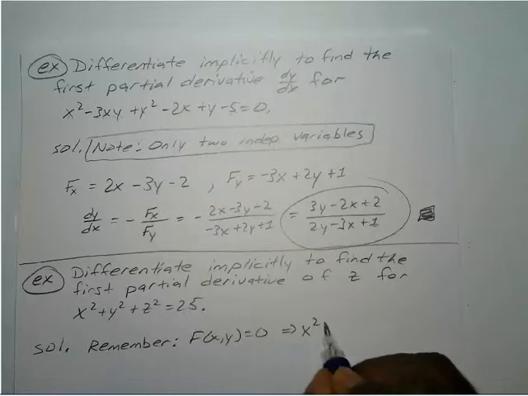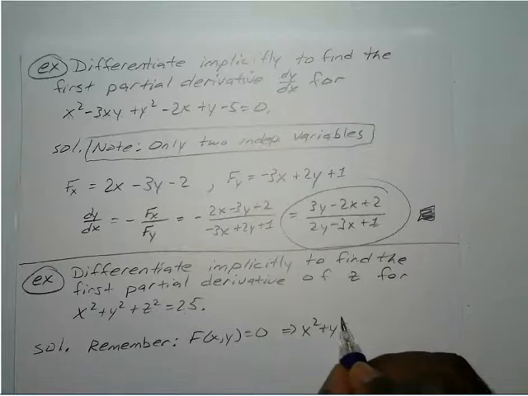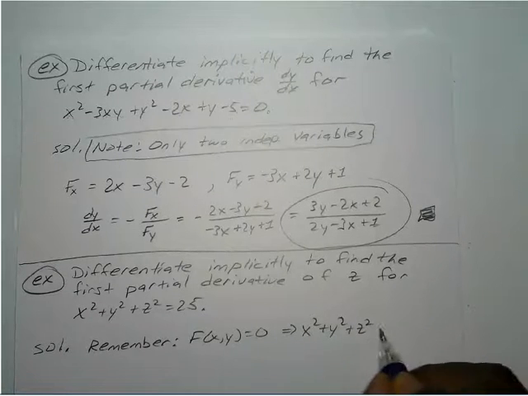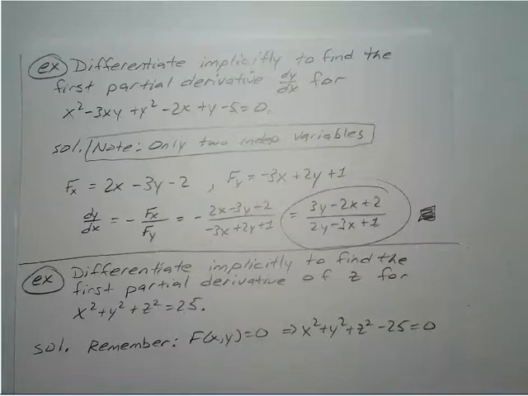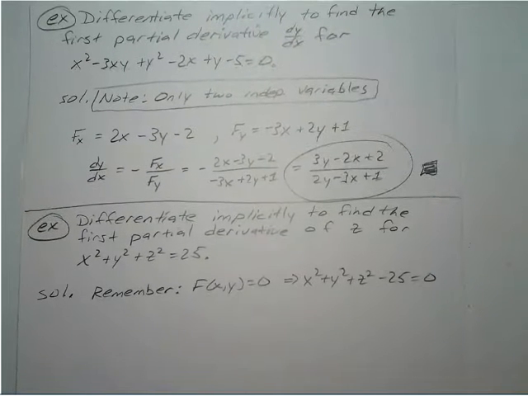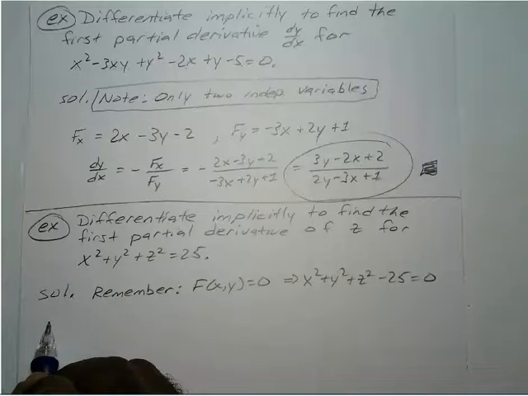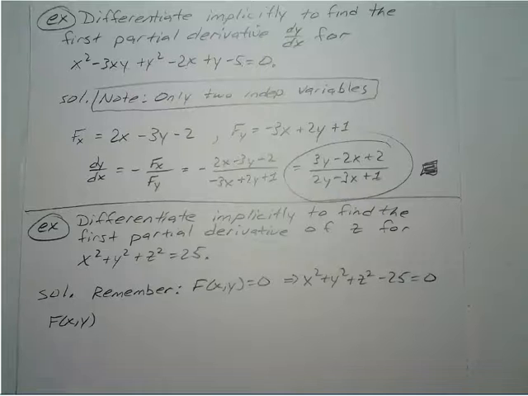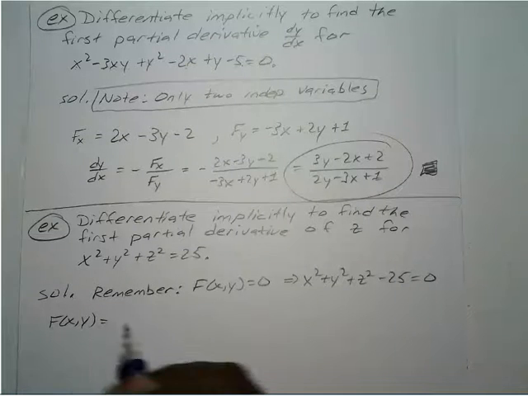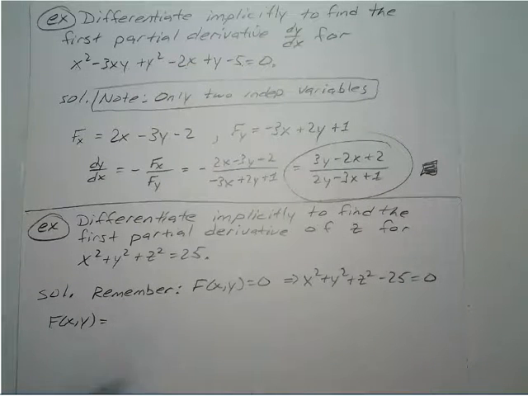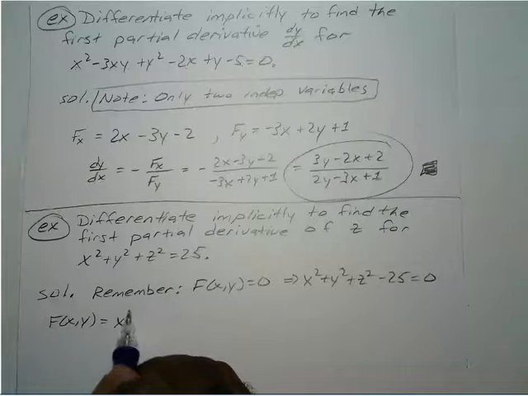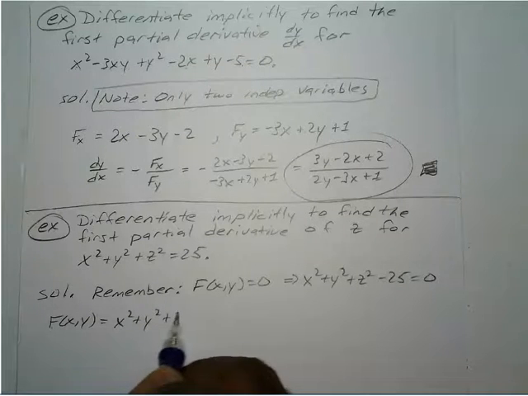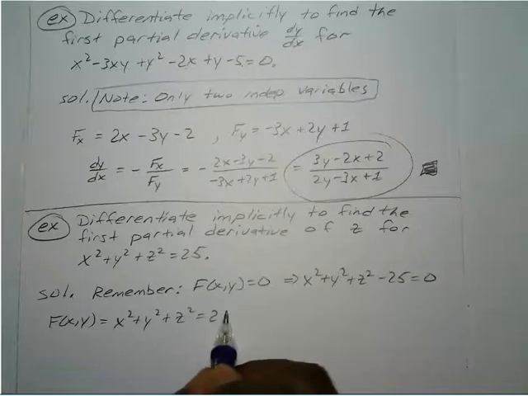So you have x squared plus y squared plus z squared minus 25 equals 0.